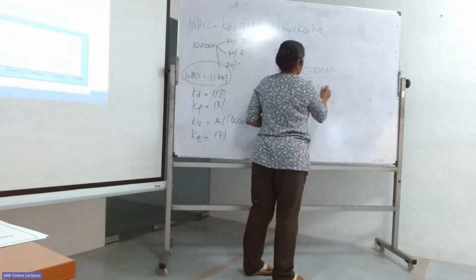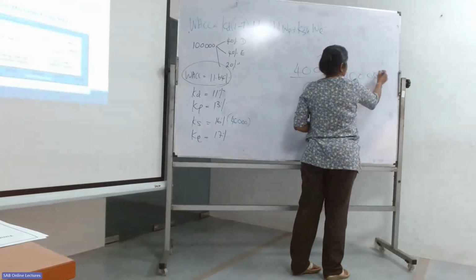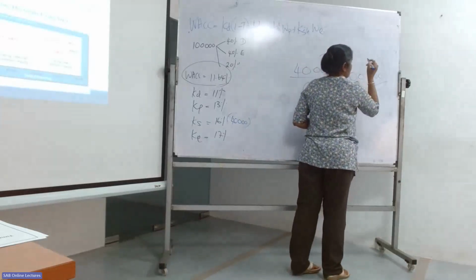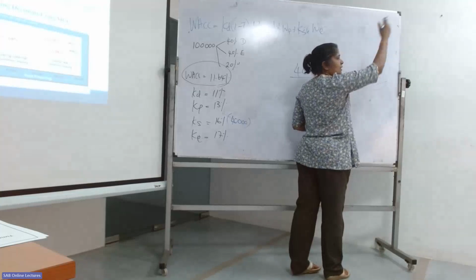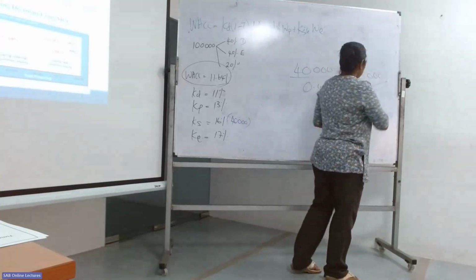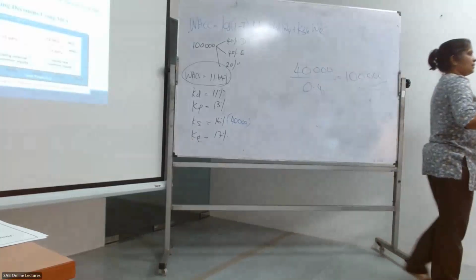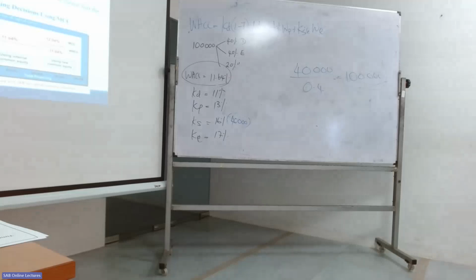So divide by 40%. And our first break point will arise when the total capital requirement increases from 100,000 to above. That is the meaning. Up to 100,000, 40,000 is sufficient to maintain the equity portion.